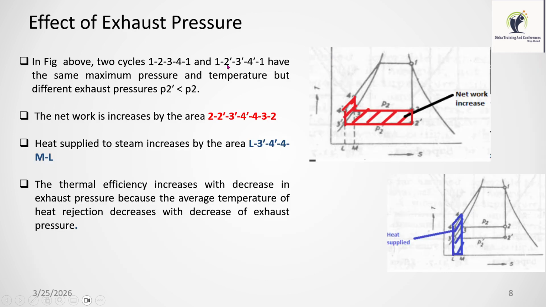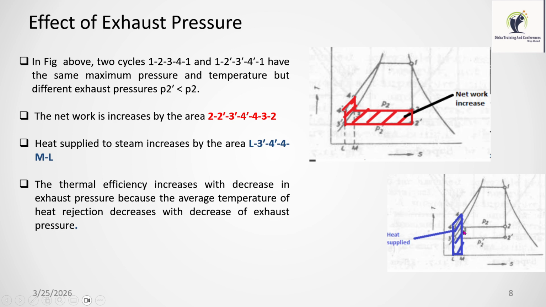Now exhaust pressure. Earlier the exhaust pressure was P2, and now the exhaust pressure has been brought down to P2 dash. So this is the additional work done we are getting, the red colored hatched portion. But we have to give some additional heat here.